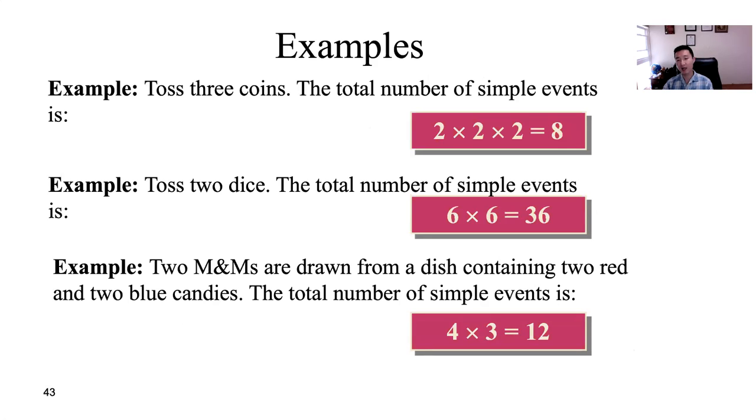The first time we pick 1 candy from the dish, which has 4 candies, so the number of possible outcomes for the first step is 4. After the first pick, we have 3 candies remaining in the dish. So for the second step, we have 3 choices. So that is 4 times 3.